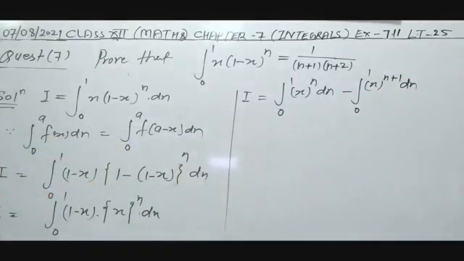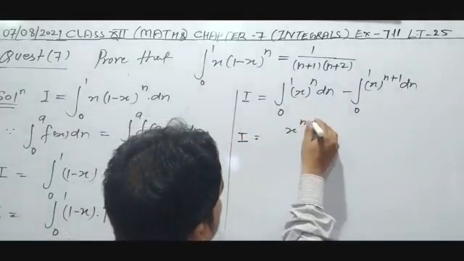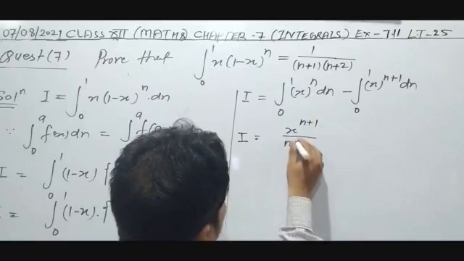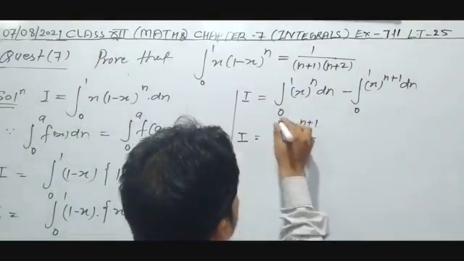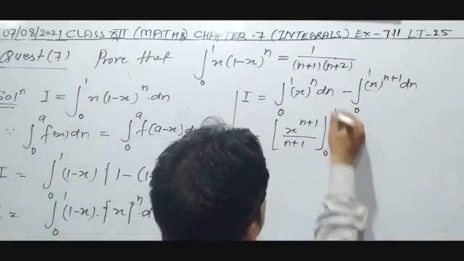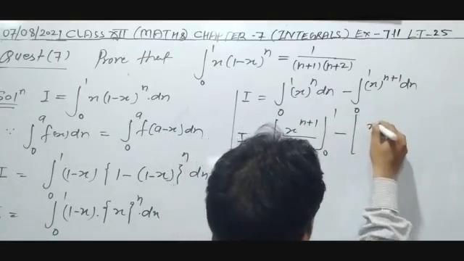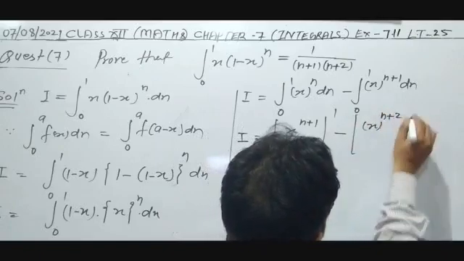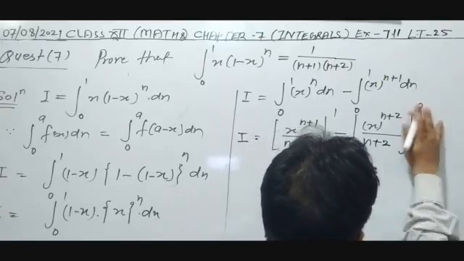Now we can solve easily. Its result will be x to the power n plus 1 whole upon n plus 1, and its result is upper limit lower limit 0 to 1, and now its result is x to the power n plus 2 whole upon n plus 2, 0 to 1.